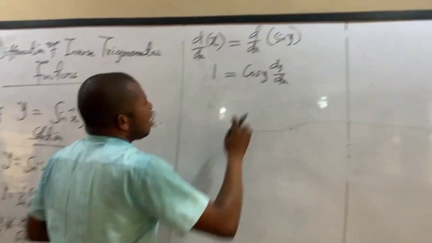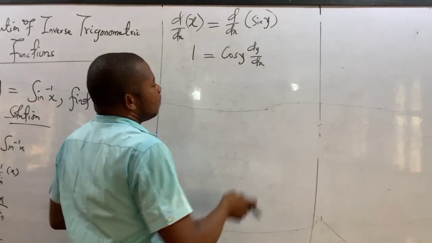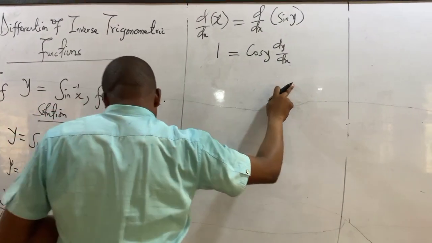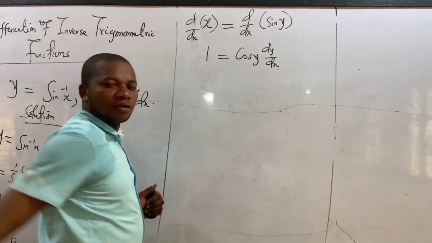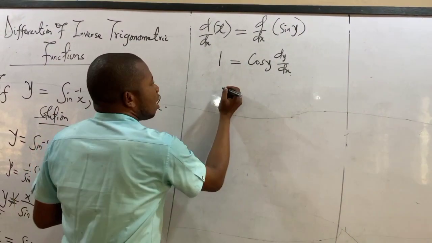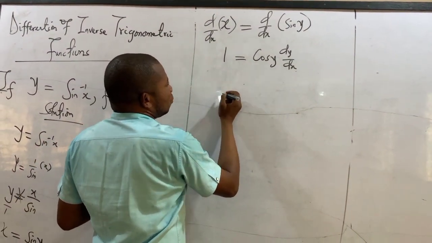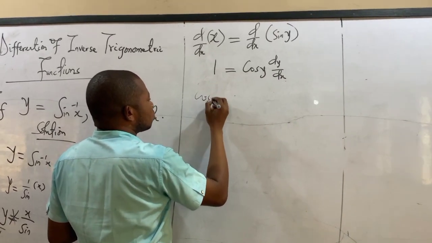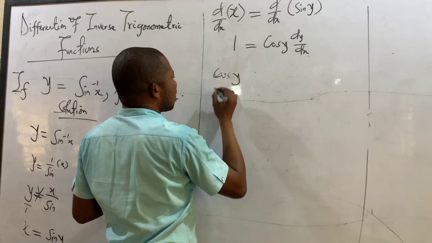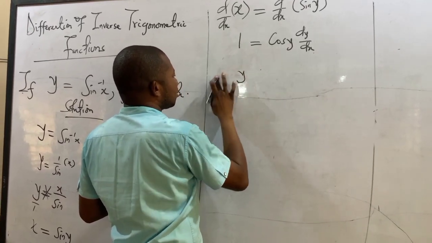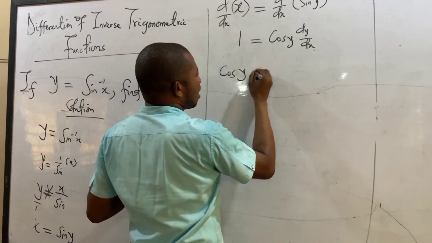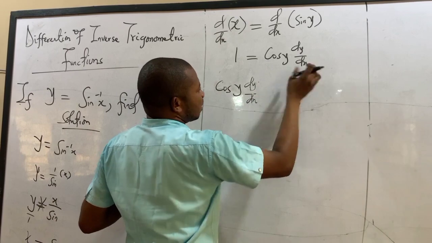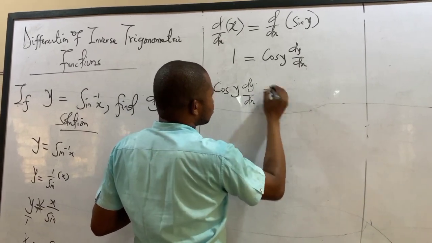Now, having done this, what do we do? My idea is to get dy/dx. What if I interchange it? I say cos y dy/dx is equal to 1.